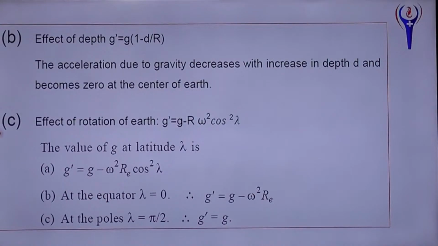Here omega is the angular velocity of the earth, so the g value changes depending upon the angular velocity of the earth.